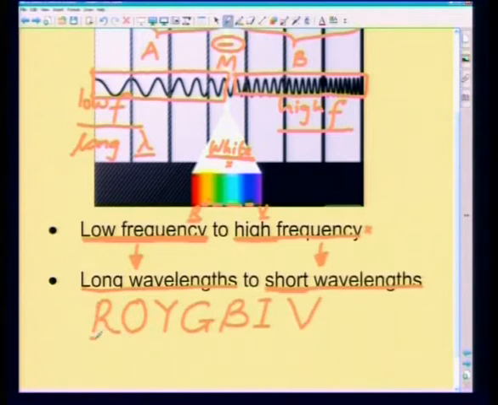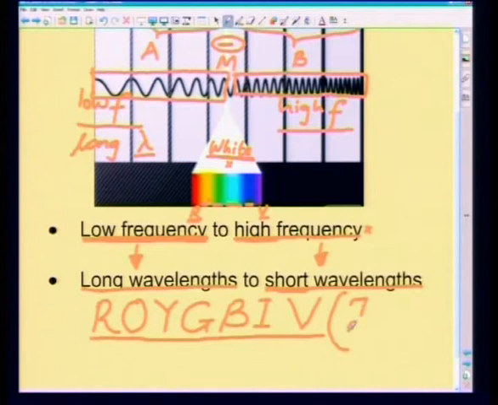So the spectrum of white light is formed by red, orange, yellow, green, blue, indigo, and violet. So we've got about 7 colors here. So these are 7 colors forming the white light. This is sometimes referred to as the spectrum of white light.